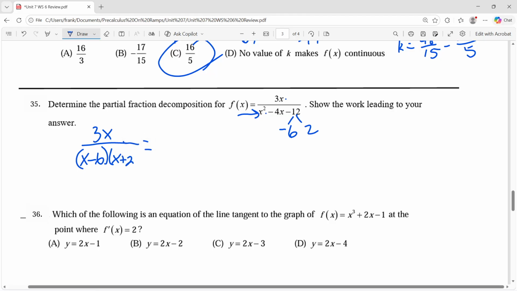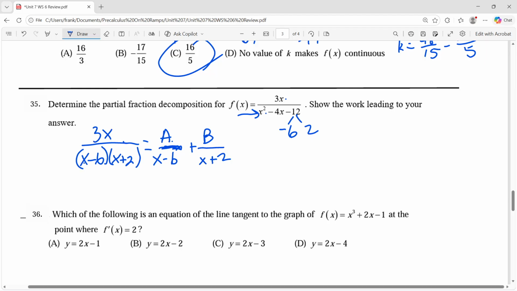And that equals, I would put A over x minus 6, the first factor, plus B over the second factor, x plus 2. I forgot to put the closed parenthesis there. All right?